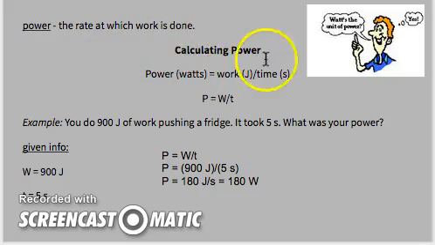So when we calculate power, power is measured in watts, and it's equal to work measured in joules divided by time measured in seconds. So power equals work divided by time. All right?